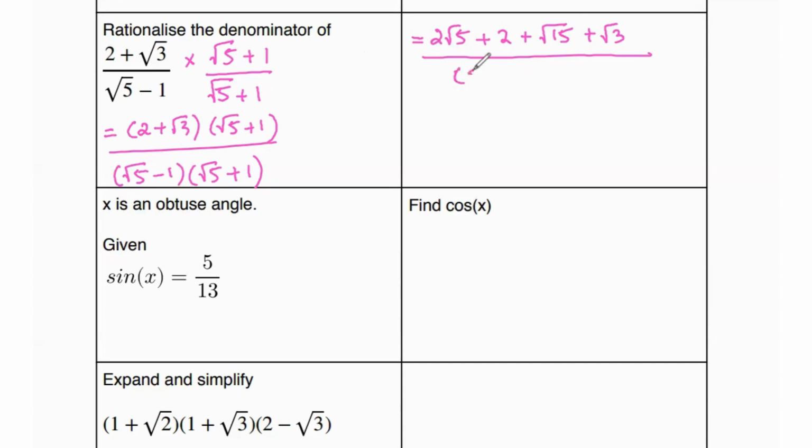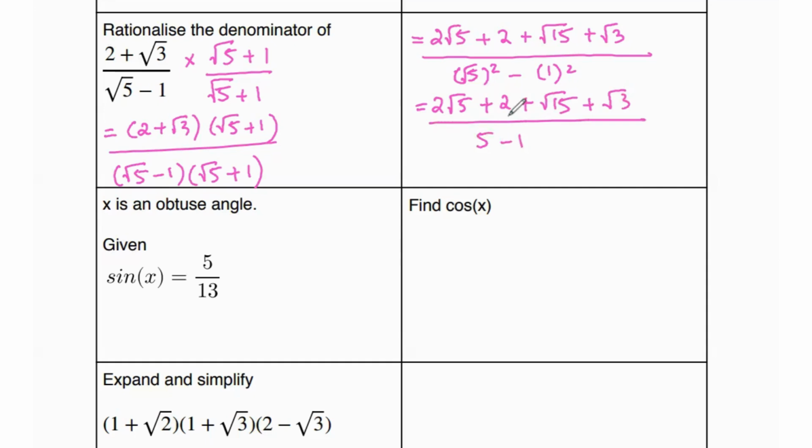So let's rewrite that as a squared minus b squared. Root 5 squared minus 1 squared. So that's 2 root 5 plus 2 plus root 15 plus root 3 divided by 5 minus 1. Why 5 minus 1?